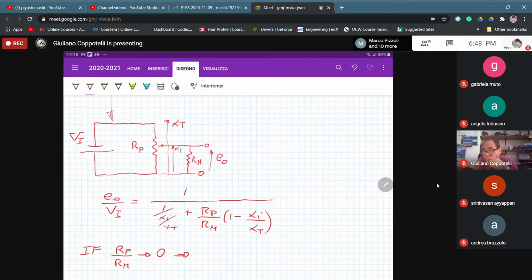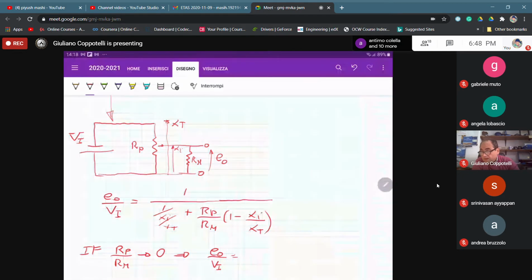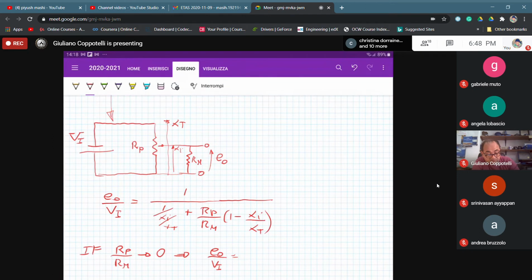Because what we can say is that the output with respect to the input voltage is simply equal to xi over xt.